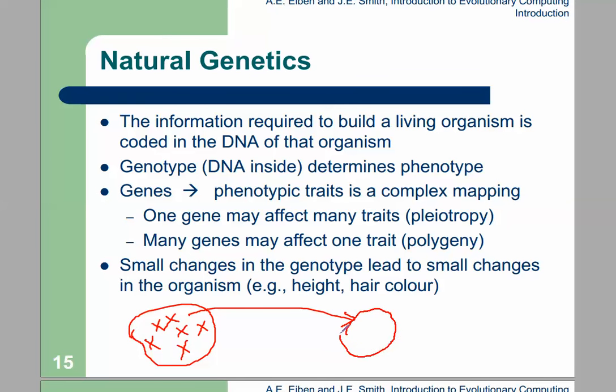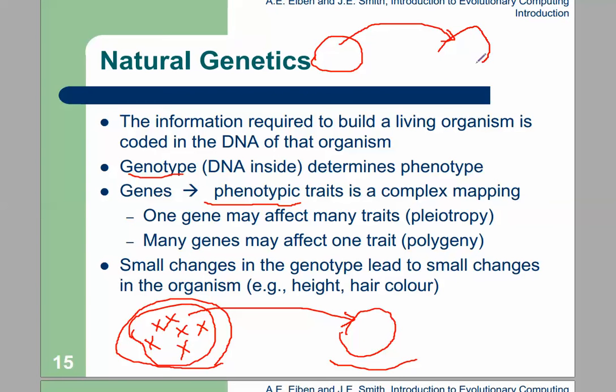Some humans are tall, some humans are short, some humans have black hair, some humans have blonde hair, and the collection of genes is named genotype, but the human is phenotype.